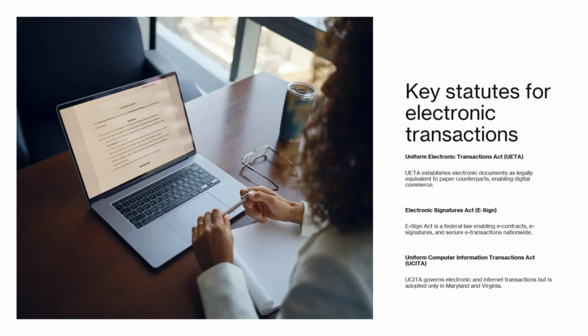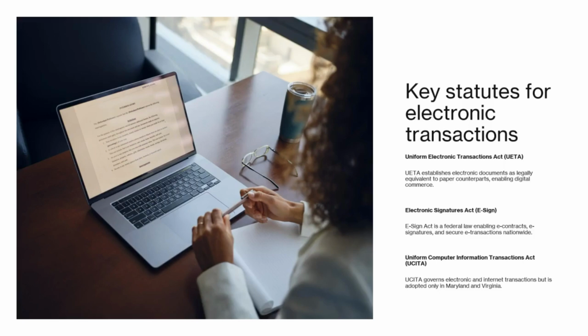So electronic signature, and we also have the Electronic Signatures in Global and National Commerce Act, which is nicknamed E-SIGN. It's a federal law that allows e-contracts, e-signatures, and e-transactions, and provides a mechanism for collecting and storing e-documents.